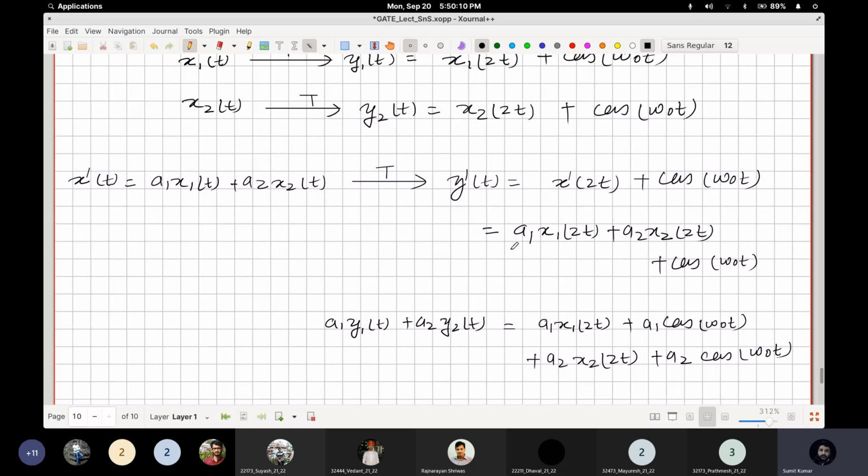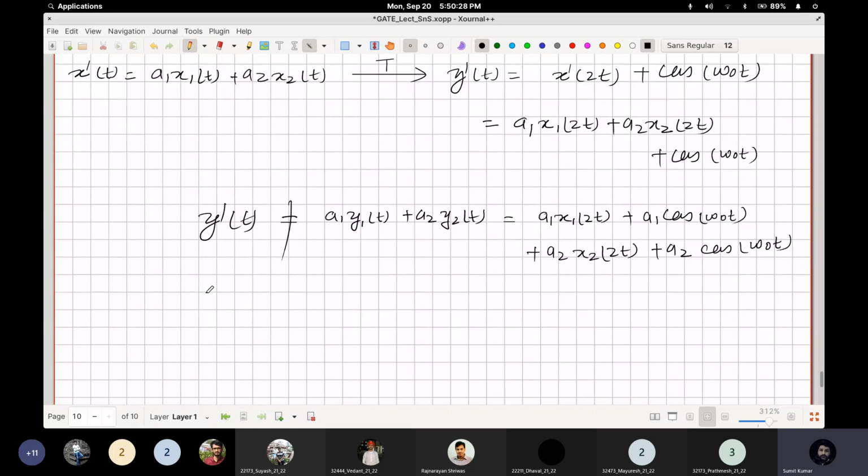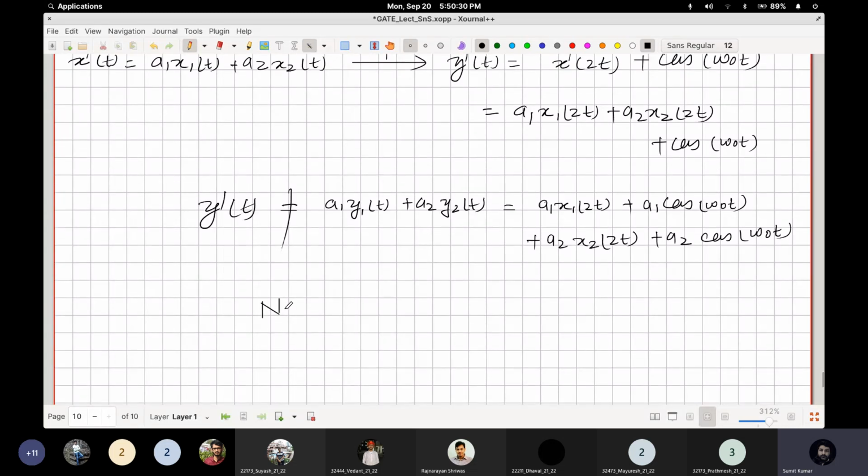Here you can see that you have a1 x1 of t plus a2 x2 of t, but after that you have only cos omega naught t. Here you are getting a1 cos omega naught t plus a2 cos omega naught t. So y dash of t is not equal to this, isn't it? It means the system is non-linear. So whenever you are adding a function of time, that system will become non-linear.